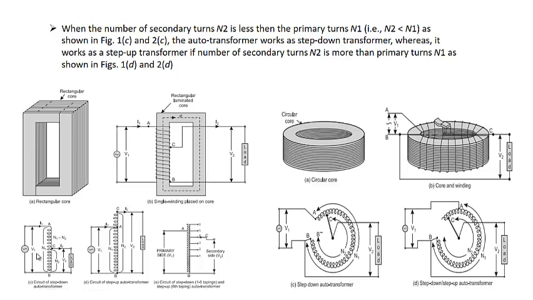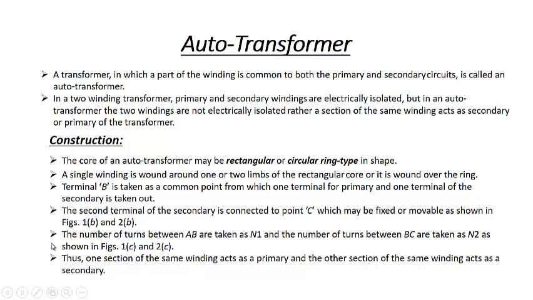In between A and B, it's a single winding. We are giving the input there, and in between B and C, we are taking the output. So B and C is common between input and output. Also, there is a direct connection between the input and output through A and C, so there is no electrical isolation.